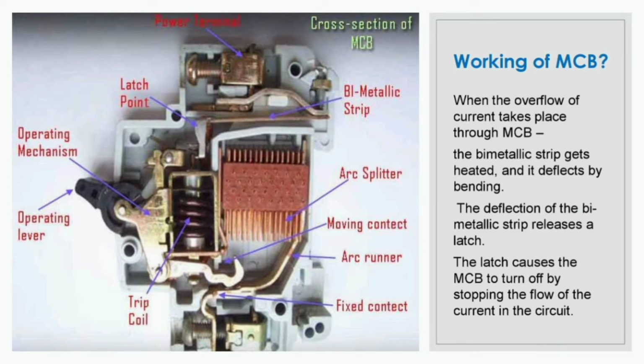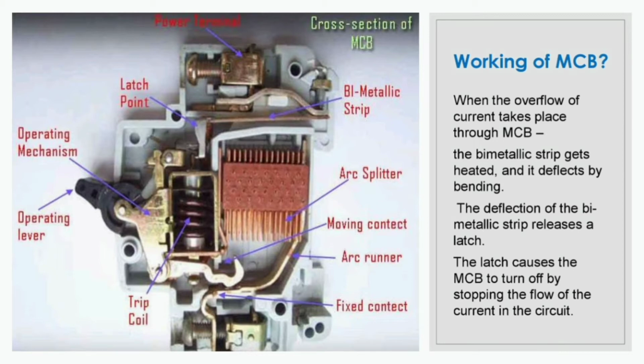Each and every MCB will have the moving contact as well as the fixed contact, and the working depends on these two mechanisms. The key part in this MCB is the bimetallic strip.